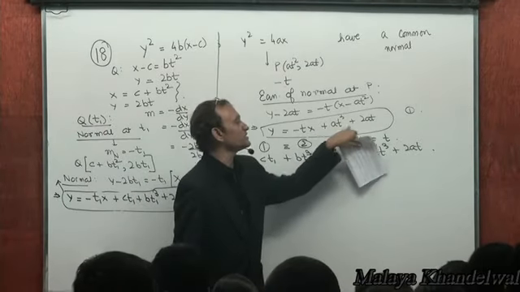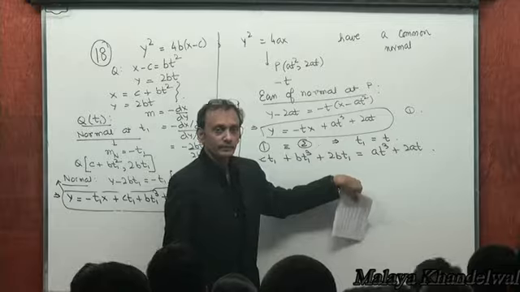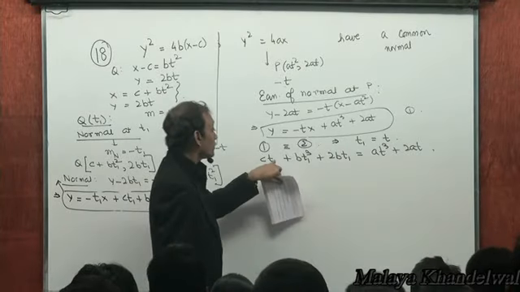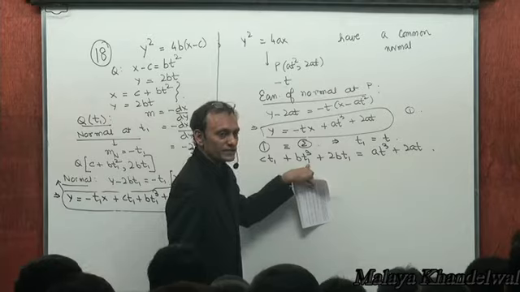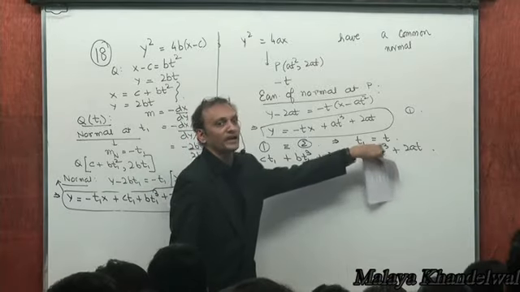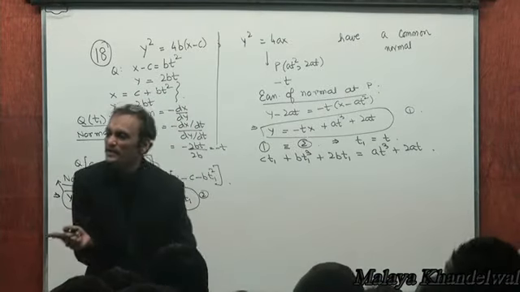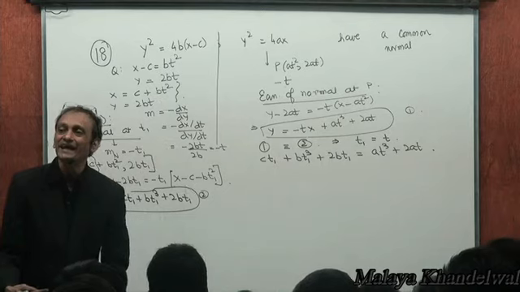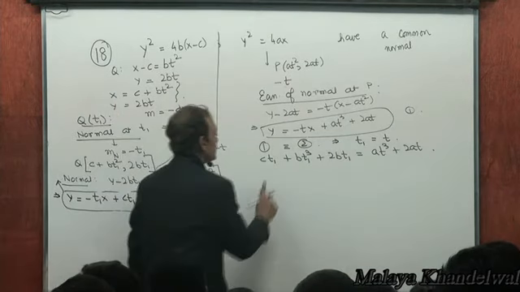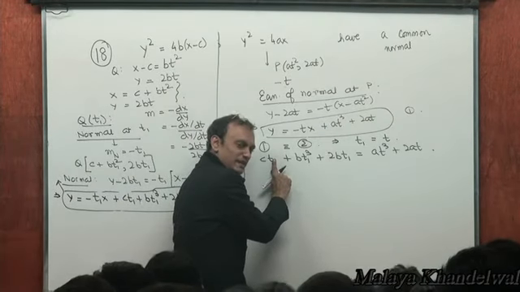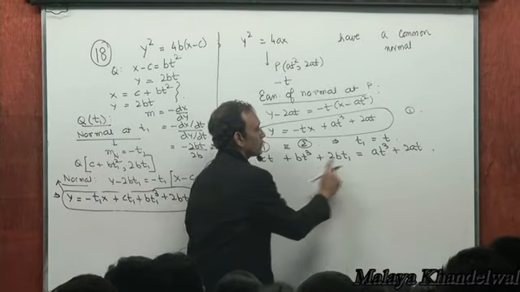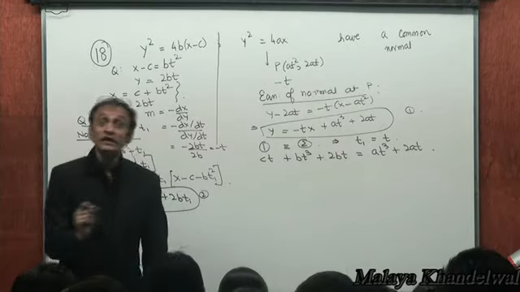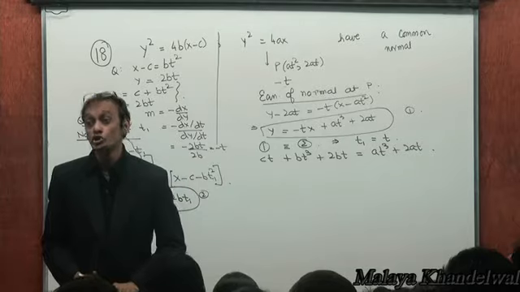The constant term here is AT cubed plus 2AT. Now, replace T1 by T, because T and T1 are identical when we compare the two equations for them to be identical. Let me drop this subscript because T and T1 are the same now. Now I can divide by T because T is not 0.